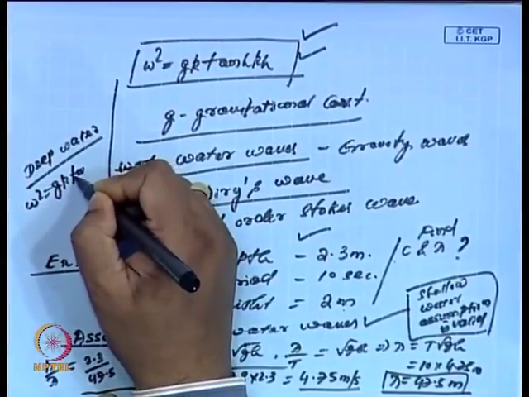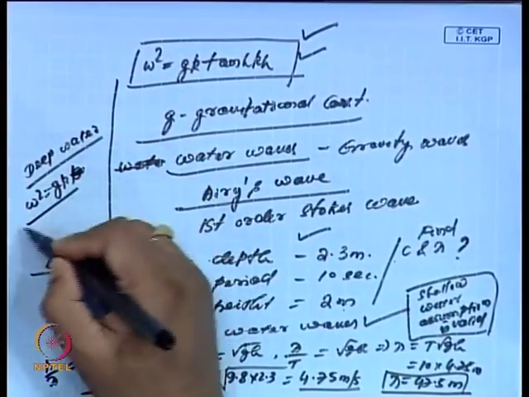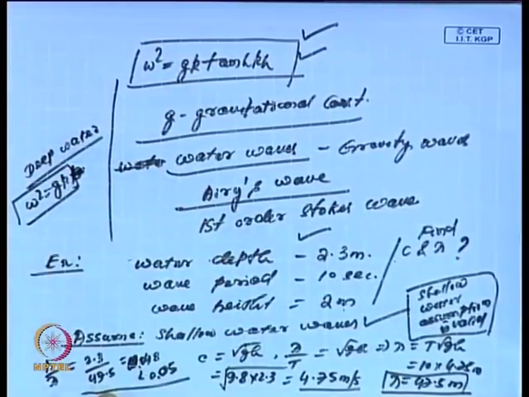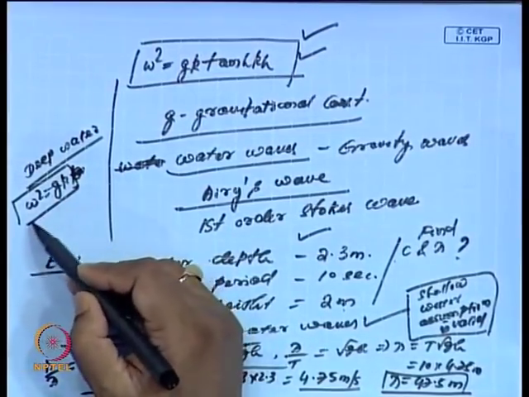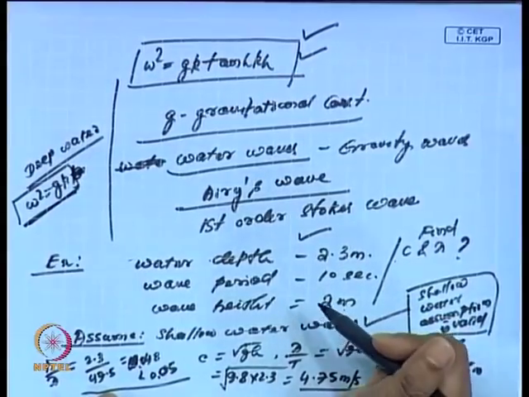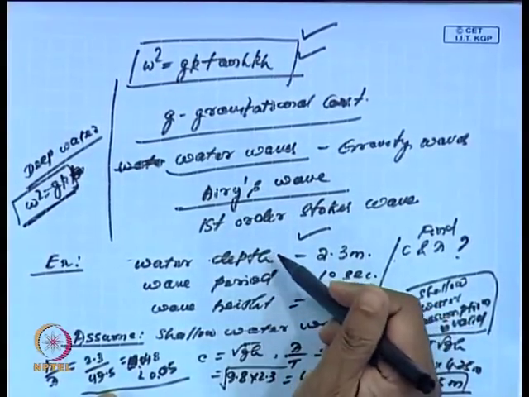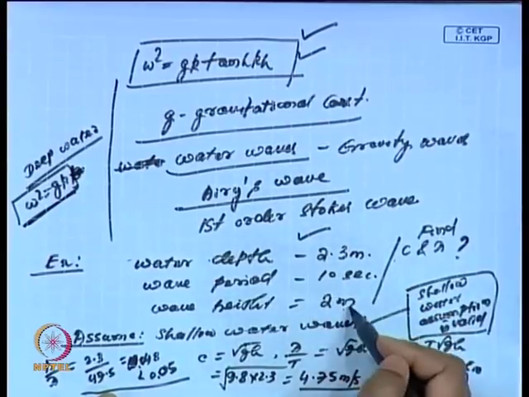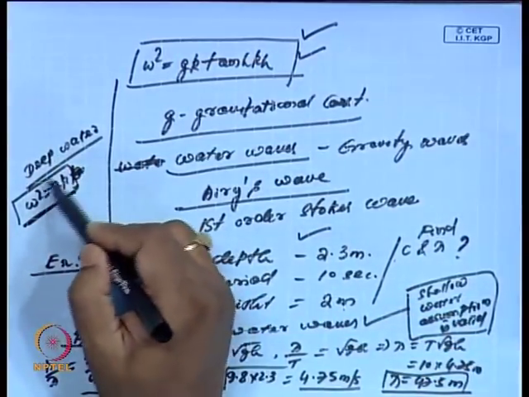In this case I cannot apply this, because my water depth is 2.3 and wave height is 2 meter, so it is in no case infinite water depth. So I cannot apply this result here.